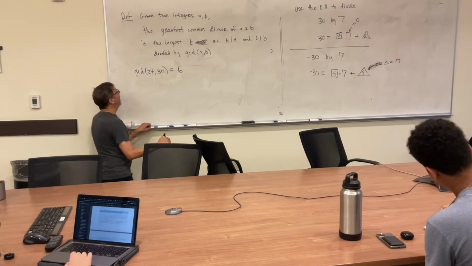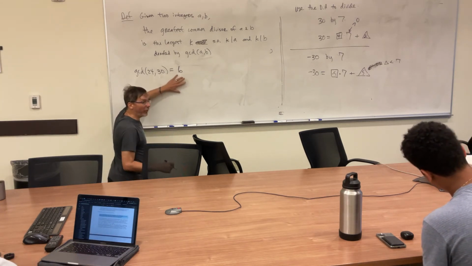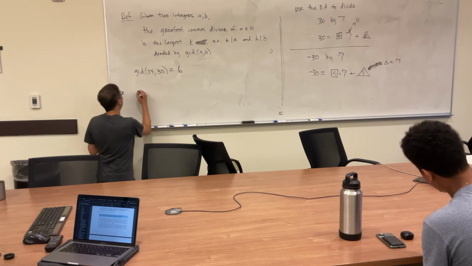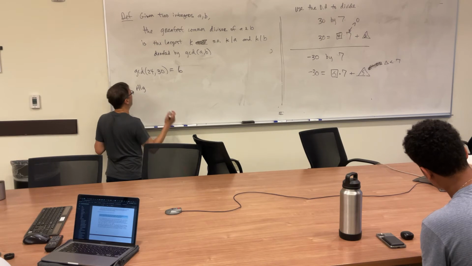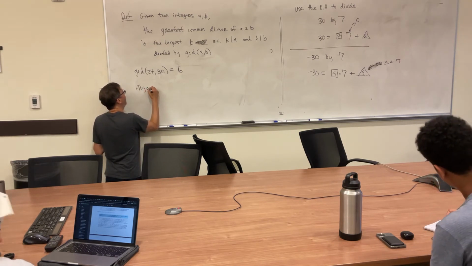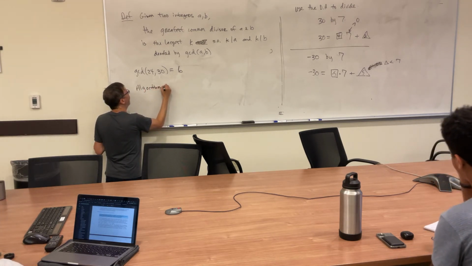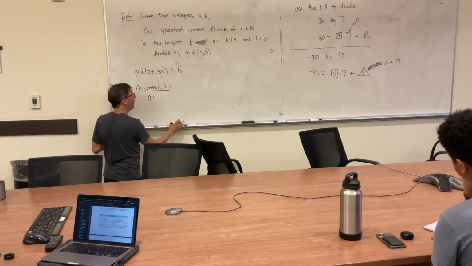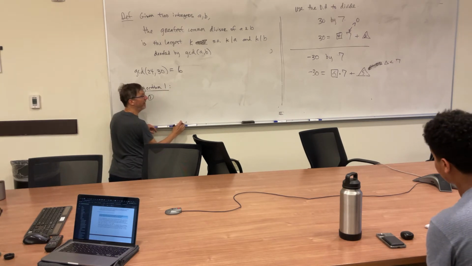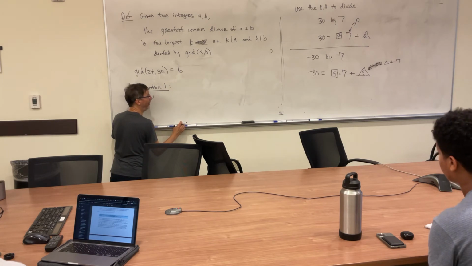You're done. But there's a nice algorithm for doing this. So an algorithm. I'm going to actually show you a couple algorithms. Algorithm 1 is use the fundamental theorem of algebra. Did anybody do any of that reading in chapter 0?